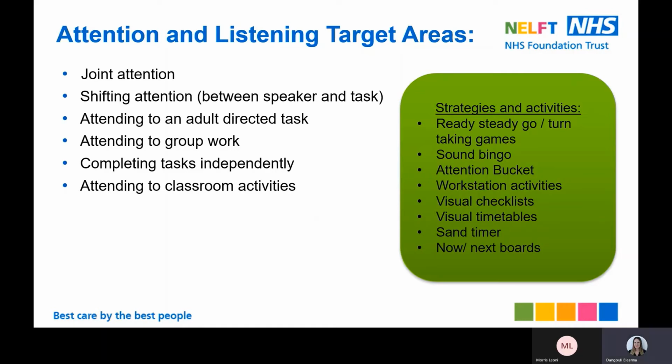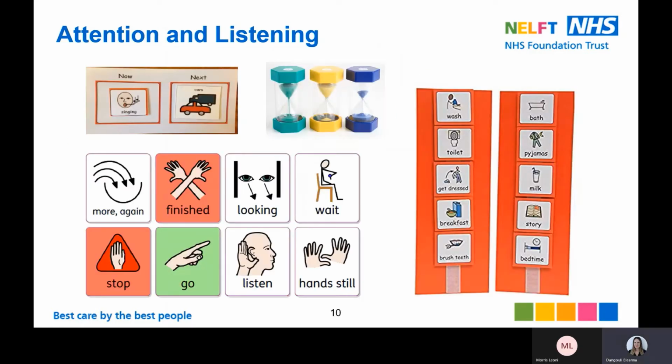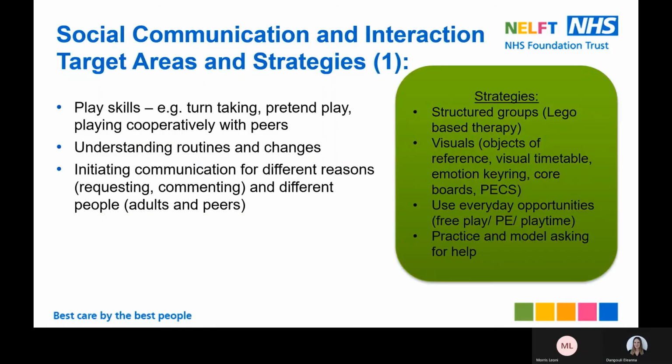Some strategies and activities can be ready, steady, go games or turn-taking games, sound bingo, attention bucket, workstation activities, visual checklists and timetables, sound timers, and now and next boards. And here you can see some examples of a now and next board, sound timers, visuals, and visual timetables.